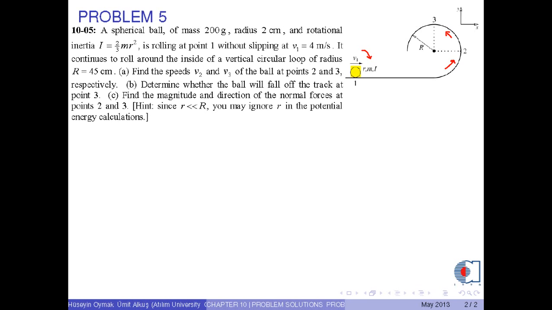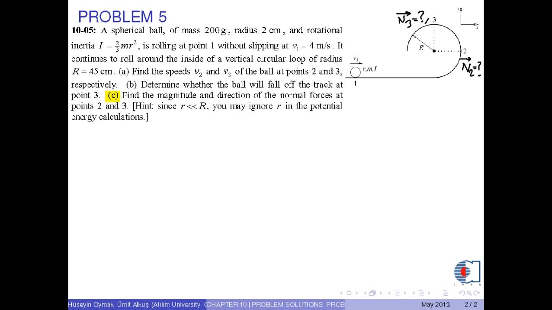It continues to roll around the inside of a vertical circular loop of radius R equals 45 centimeters. A. Find the speeds v2 and v3 of the ball at points 2 and 3 respectively. B. Determine whether the ball will follow the track at point 3.